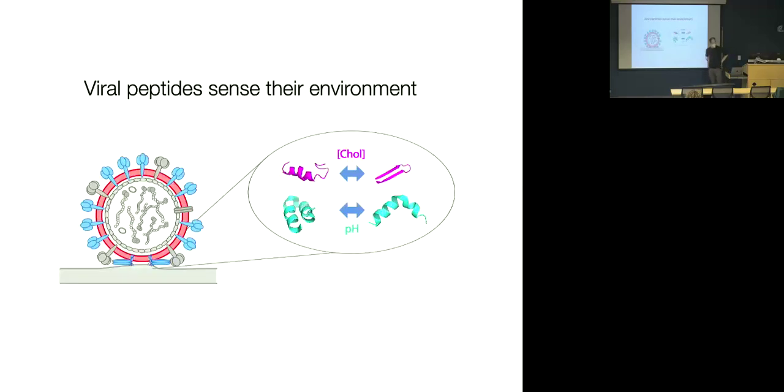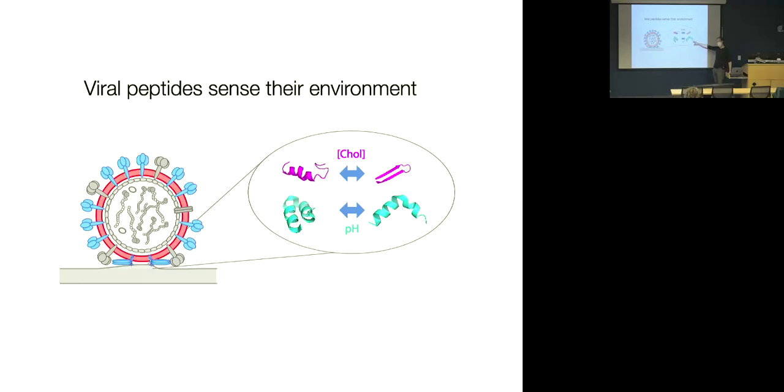So in my final change of gears, I want to talk about an early stage project in the group. It's looking again at this virus membrane interaction. When the viral spike glycoproteins are activated for entry, they insert, again, you'll recall these short peptides or loops, depending on the viral protein, into the target membrane. These viral membrane-inserted peptides sense their lipid environment and their other properties, and often have conformational switches that can assist with activation.